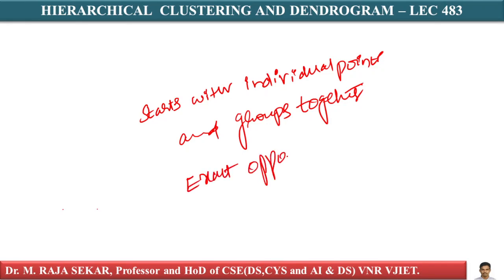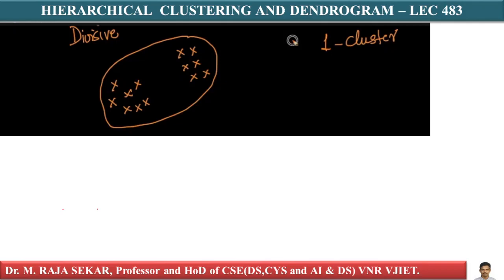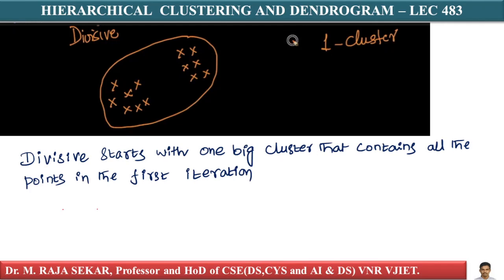In this lecture, we will try to understand divisive hierarchical clustering. This does exactly the opposite. Let's see how divisive hierarchical clustering works. Divisive starts off saying everything is one big cluster. So divisive starts with one big cluster that contains all the points in the first iteration.